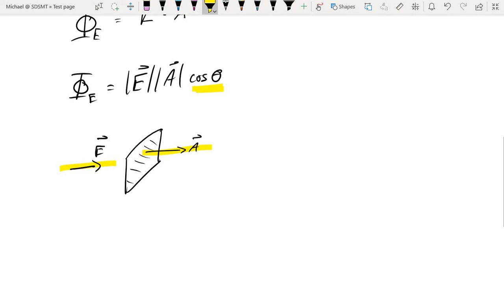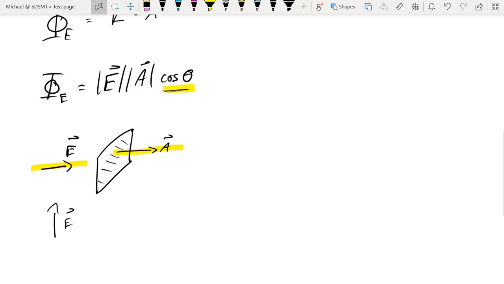Parallel vectors have an angle relationship of 0. Cosine of 0 is 1. But then if we had an electric field that was running perpendicular to the area vector, well, that's a 90-degree relationship, and so we don't get any field to pass through that surface area.